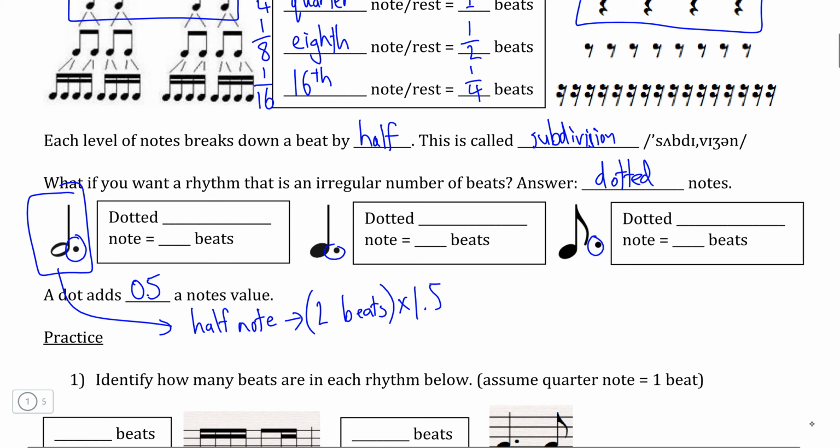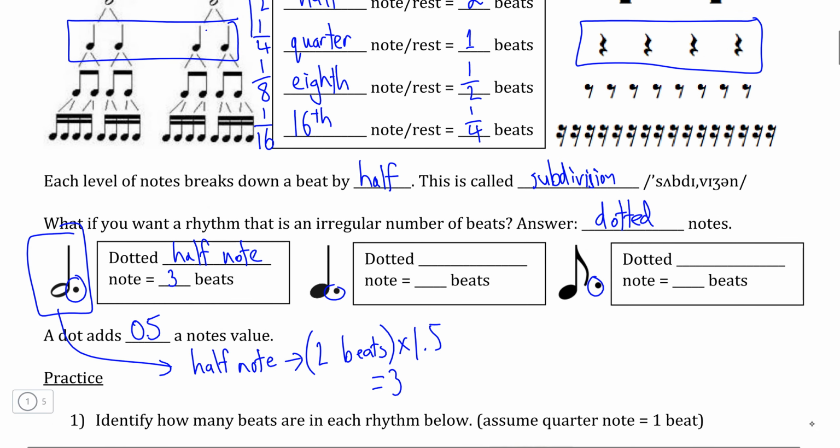Well, 2 times 1.5 is 3 beats, and therefore we would call this symbol here a dotted half note, and because 2 beats times 1.5 is 3 beats, this is a way to represent 3 beats in a single note, even though 3 is not evenly divisible by 2.